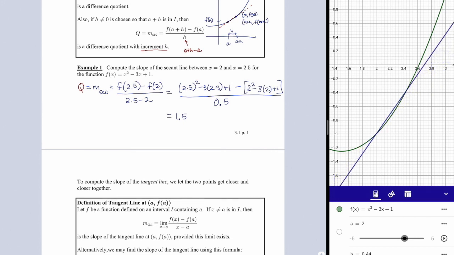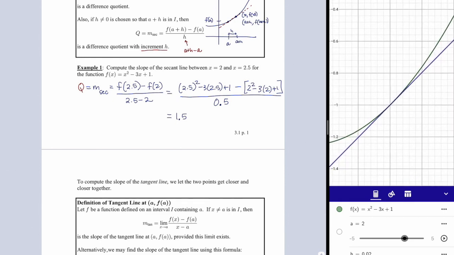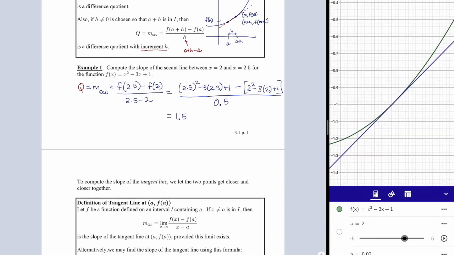So we just now computed the slope of a secant line, but our goal is to find the slope of what we would call the tangent line, which looks right about like this. Notice when I let h actually get to exactly 0, if I can here, that line disappears, which makes sense because my slope involved a 0 in the denominator, and if the denominator of my slope is 0, it's undefined.